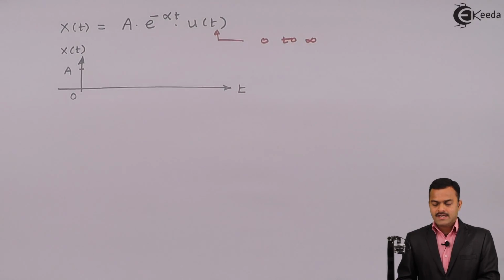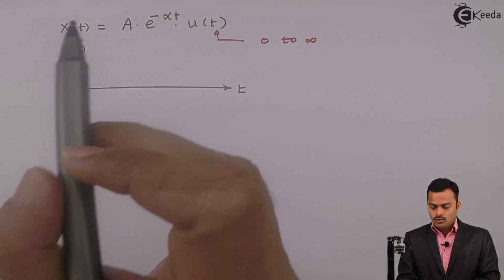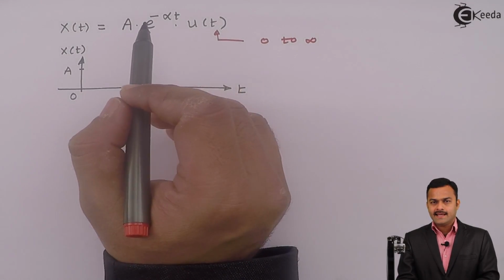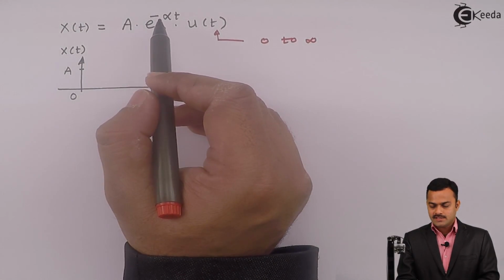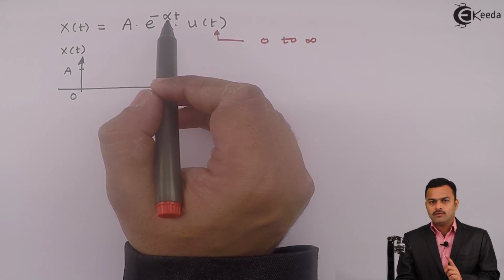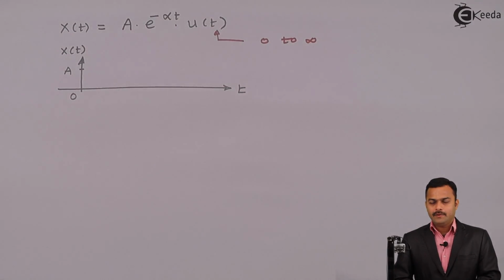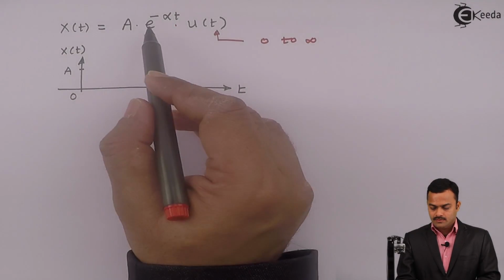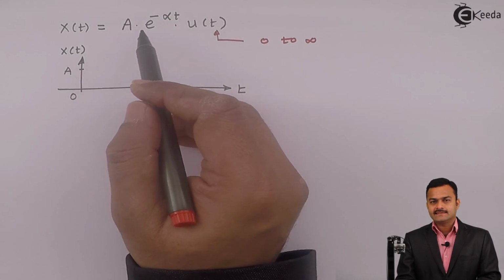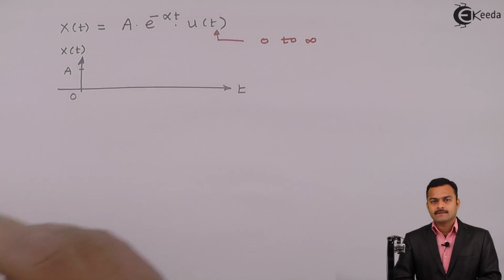Let's come to the last part now. It's an exponential signal. Though it is looking like a decaying one because of the minus sign, it depends upon what value of alpha you are taking. If I take alpha negative, this becomes an exponentially rising signal, e raised to alpha t.